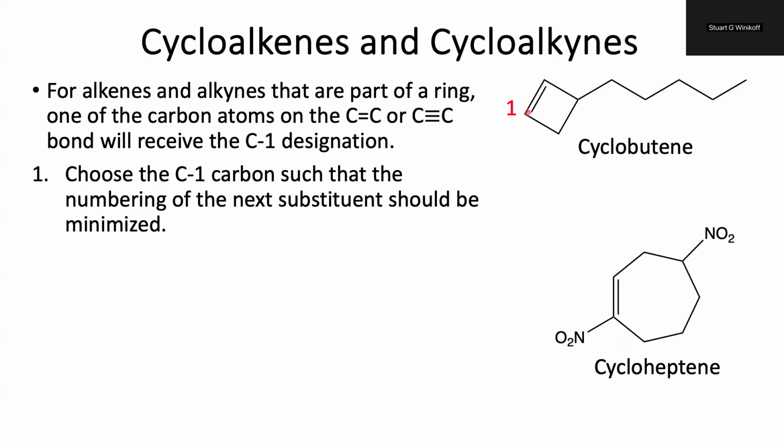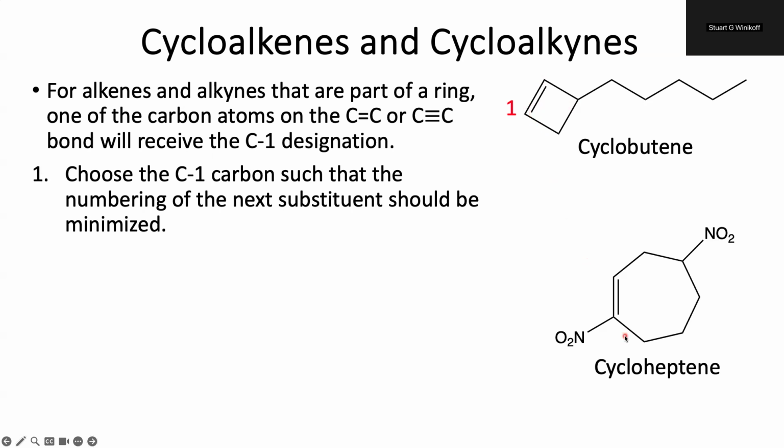But if I start on the left-hand corner and go clockwise, I put my alkyl group on 1, 2, 3. However, if I start at top and work my way left, it's 1, 2, 3, 4. So the priority will be putting that 1 position on that left carbon.